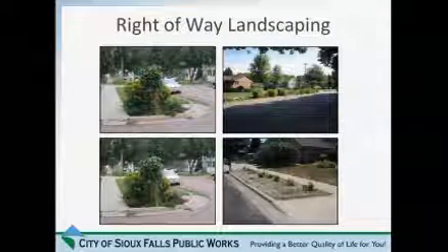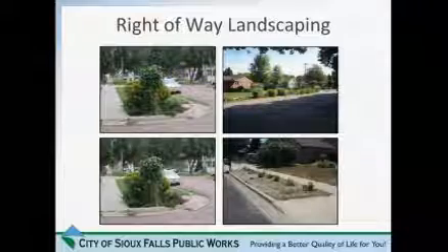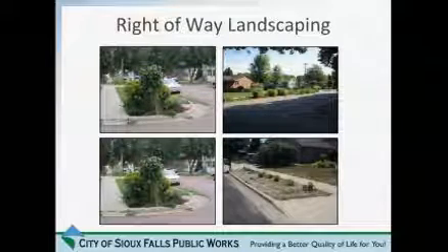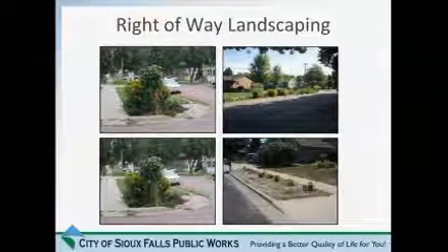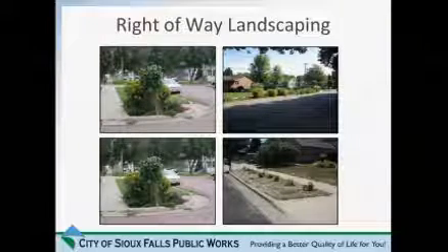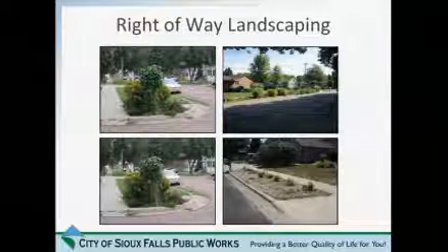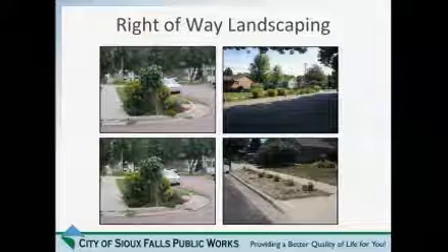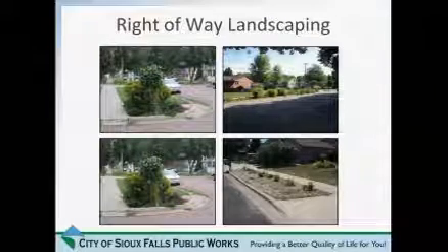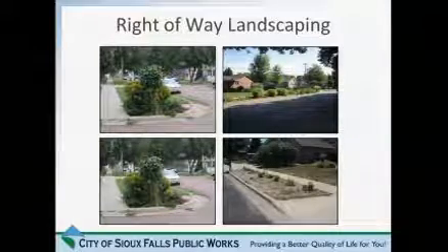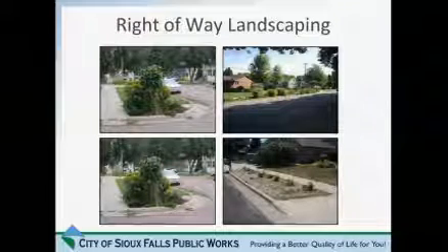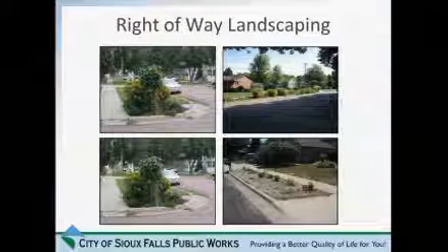The other part of right-of-way landscaping we want to talk about is that right now we have a bit of a disconnect between the nuisance vegetation ordinance and the right-of-way vegetation ordinance. As you can see by the photos, on the left side and the upper right side is some of the vegetation that is in our right-of-way.